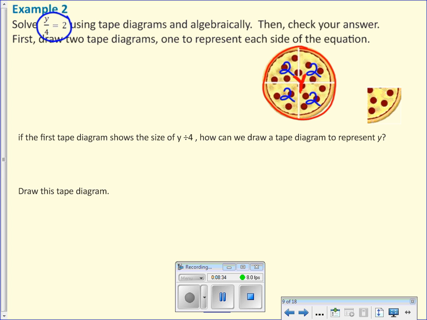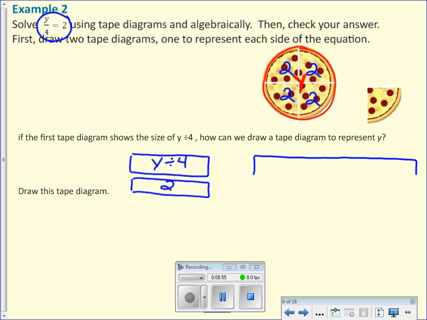So first, I'm going to draw it down here: y divided by 4 equals 2. But is that really helpful? No, I need to know what y is. So let's draw a large y.